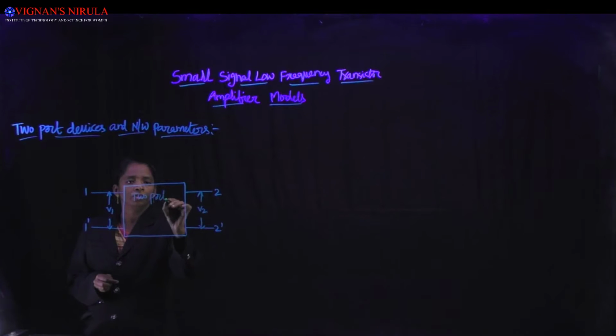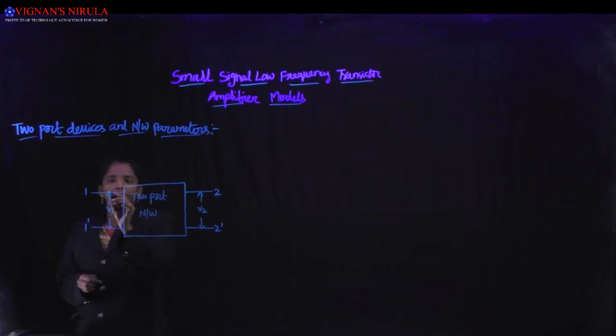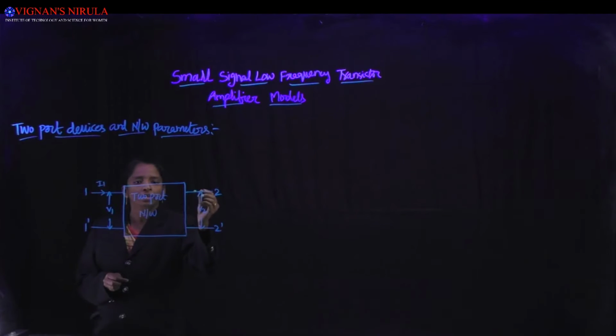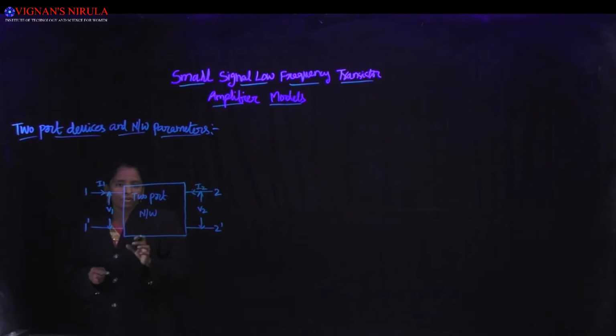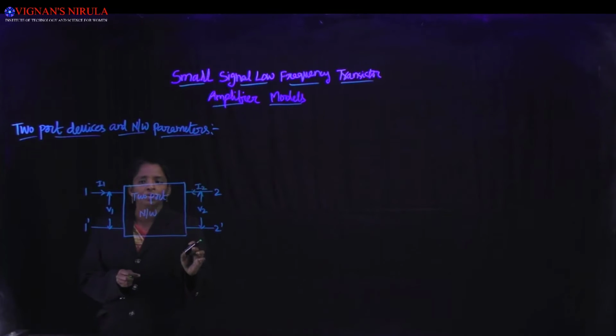The current entering into port 1 is I1 and the current leaving port 2 is I2. Here we have four variables: I1 and V1, I2 and V2.